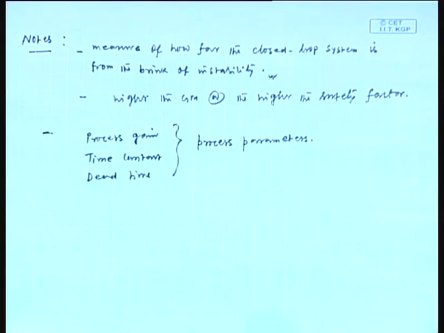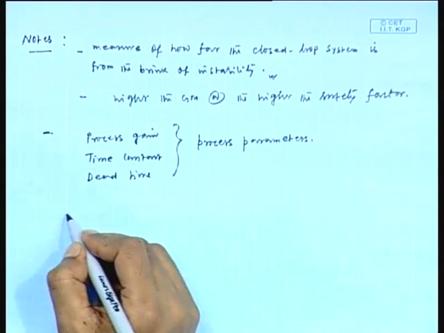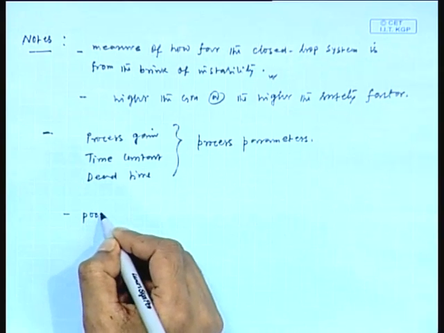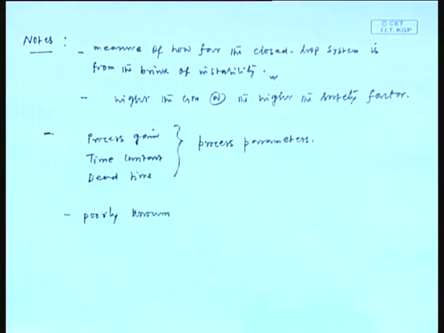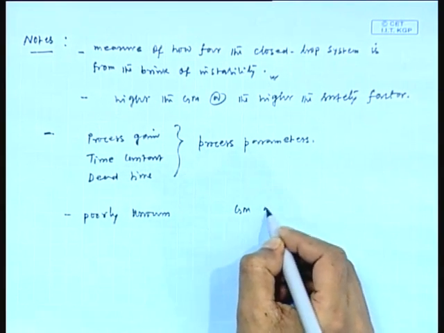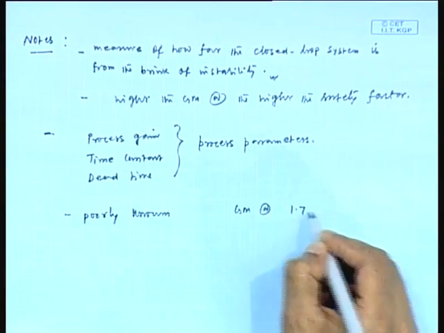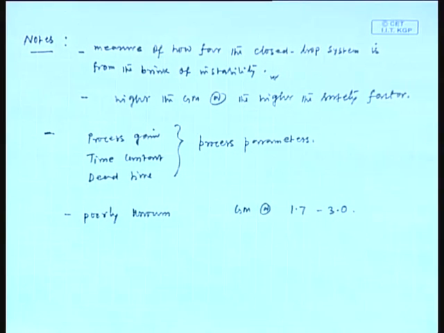When these parameters are poorly known, imprecisely known, the gain margin is taken in between 1.7 to 3. This is the heuristics.